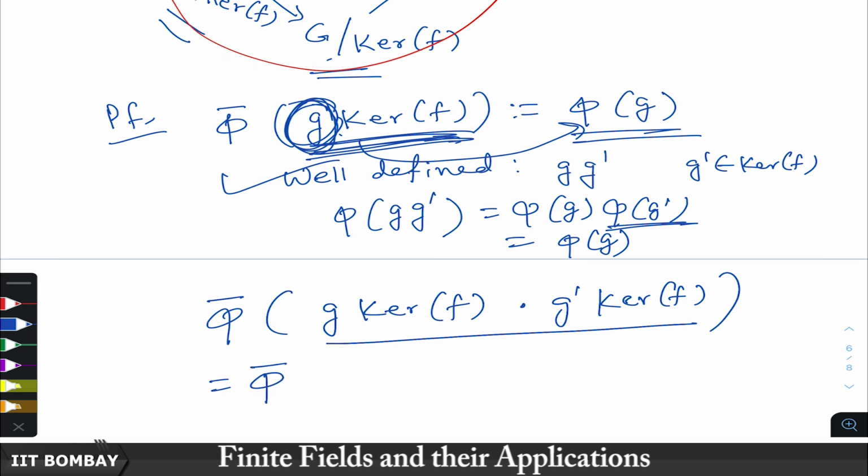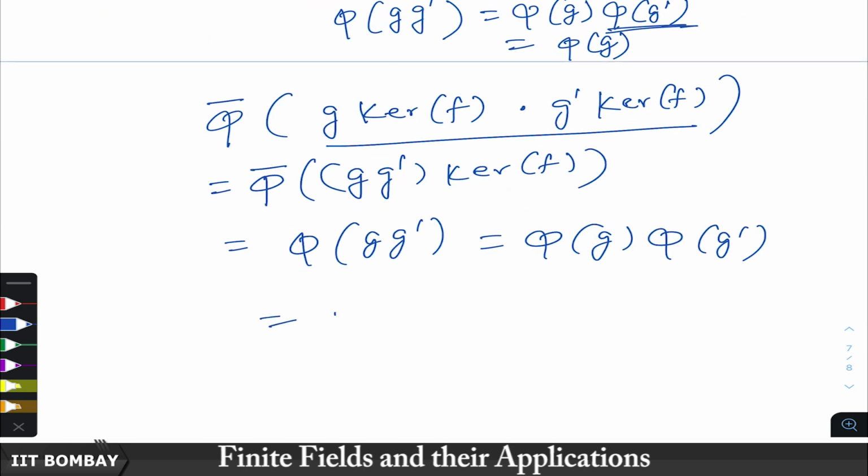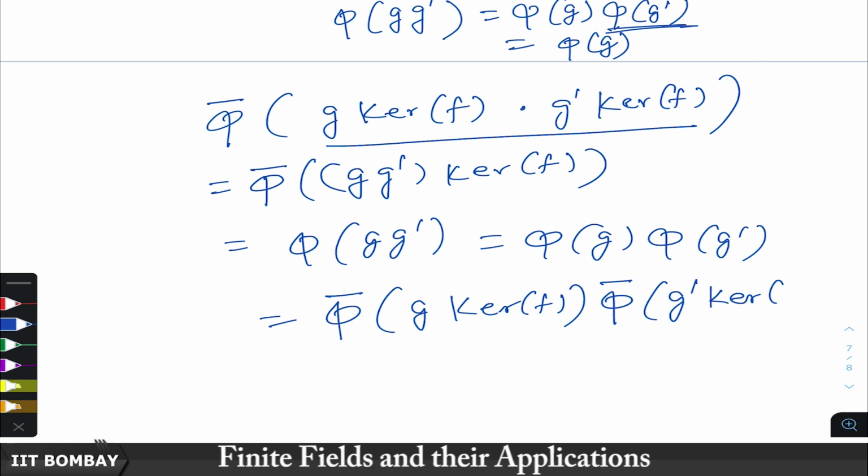We have defined this as g times g prime kernel f, and then this is phi of g g prime, which is the same as phi of g times phi of g prime, which is also the same as phi bar of g kernel f times phi bar of g prime kernel f. So, we see that phi bar satisfies the defining property of a group homomorphism. So, it is a group homomorphism.